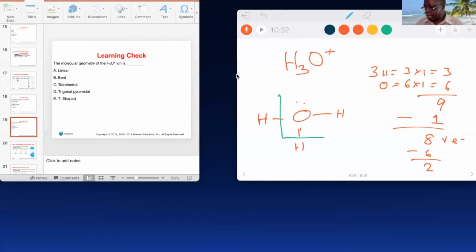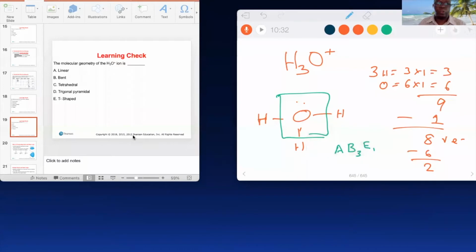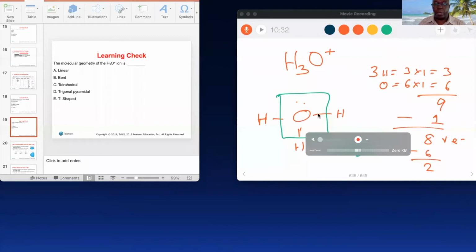If I look at the central atom, the general formula is A for oxygen, X3, and then E1. This is a total of 4 domains, one domain, one domain, one domain, one domain.